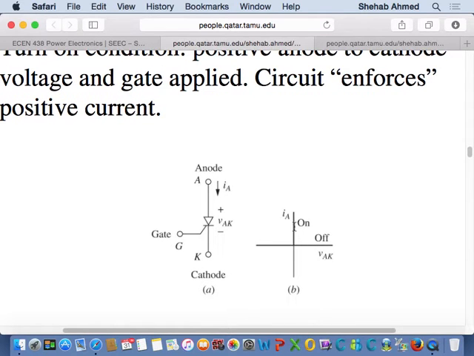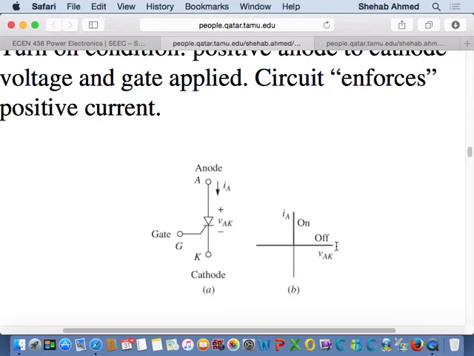When the device is on, I can conduct any amount of current, and there is zero voltage across it. When the VAK is negative, then the device is blocking, right? If VAK is positive, this is a condition for the device to turn on. But if you have not applied the gate signal, the device will still be off.